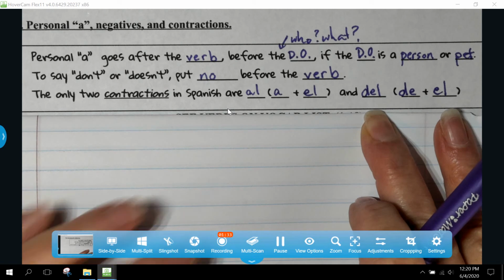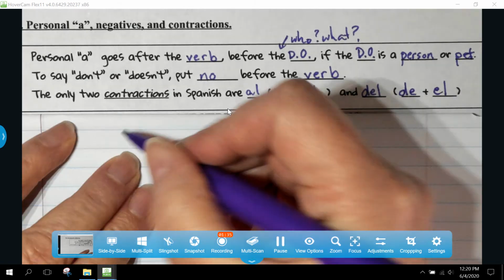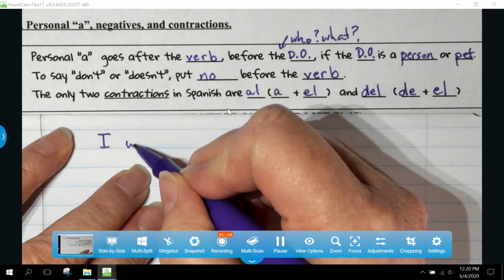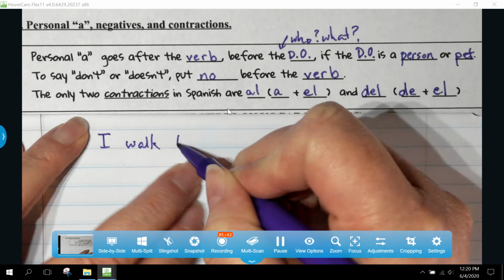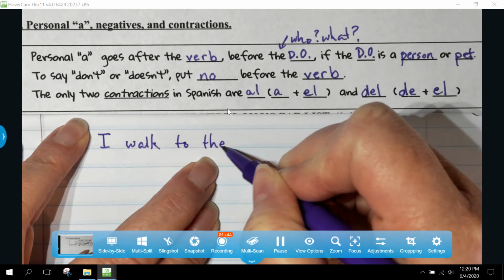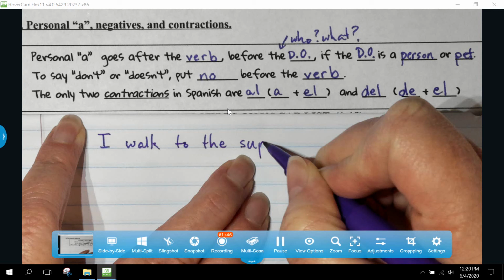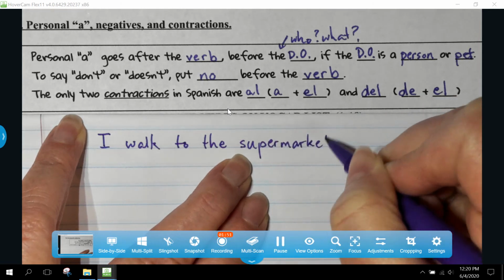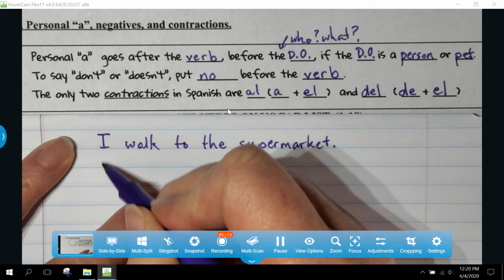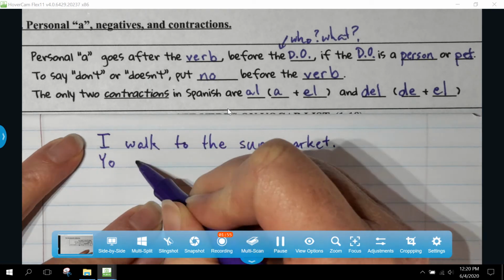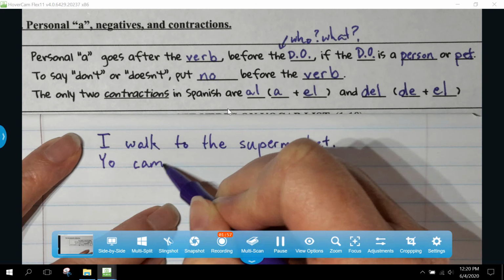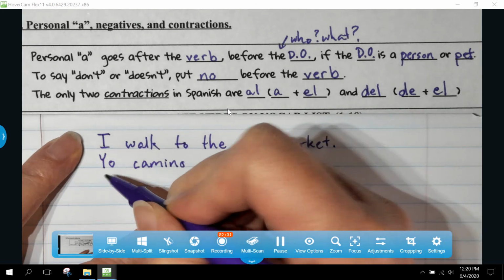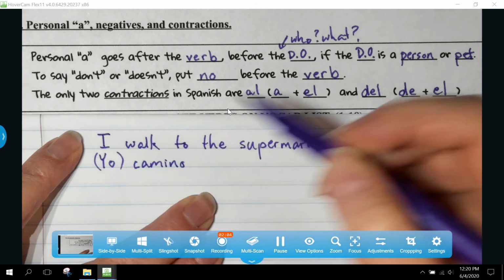If I wanted to say, I walk to the supermarket, then you would have yo. You take the verb caminar, take off the AR, replace it with an O to match the yo. By the way, you could drop the yo if you wanted to.